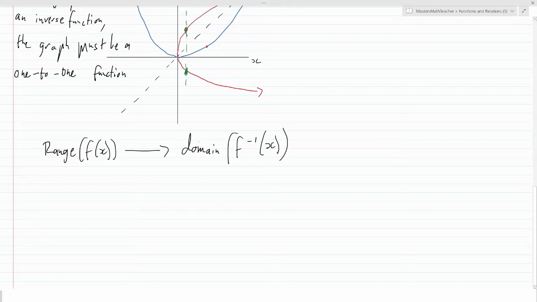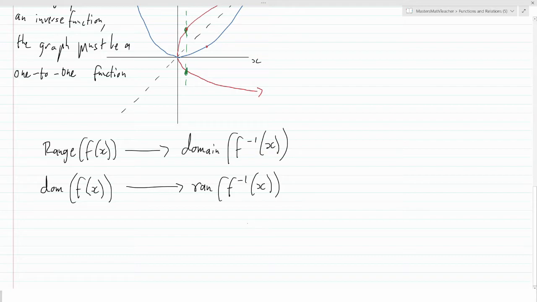So they switch, the range and domain switch. So then we have the domain, or the dom, of f of x must then become the RAN of f negative 1 of x.